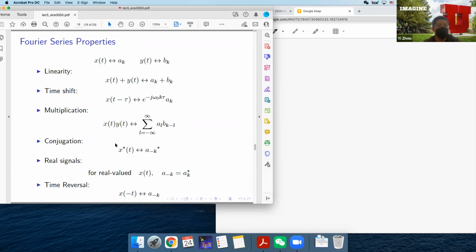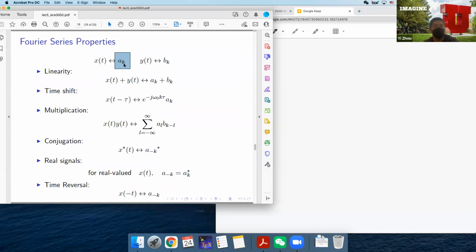And in particular, if x(t) is real valued, which means x(t) equals its conjugate, right? That is the definition of a real valued signal. So if x(t) is real valued, then these two signals are equal. So are their corresponding spectrums.